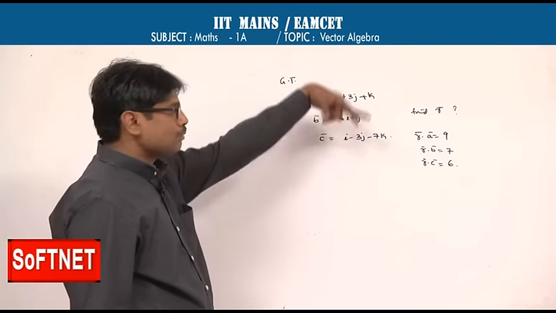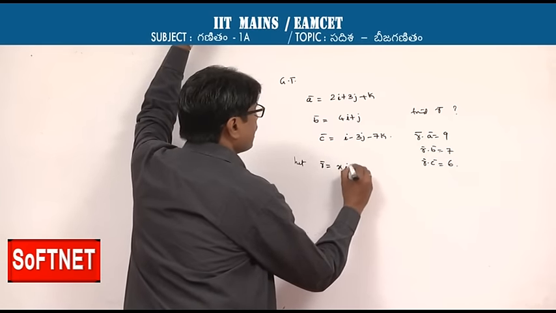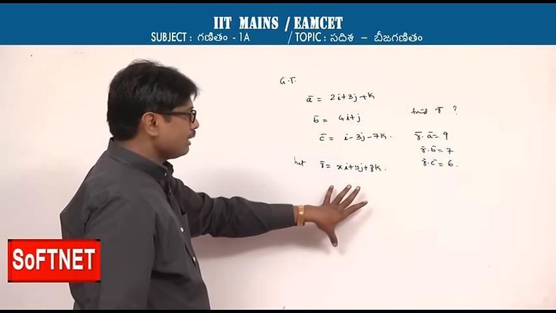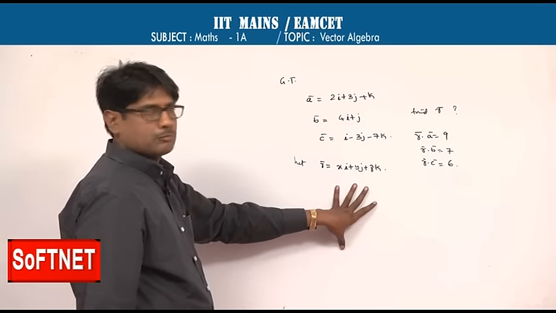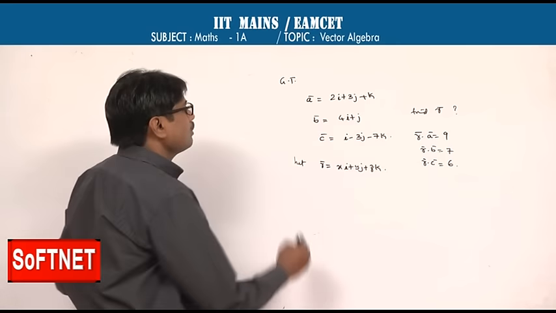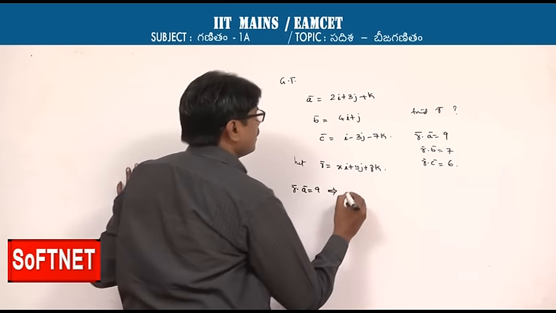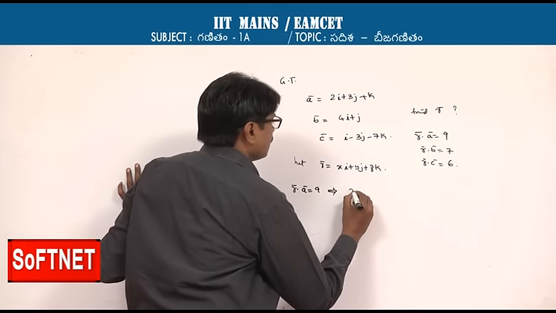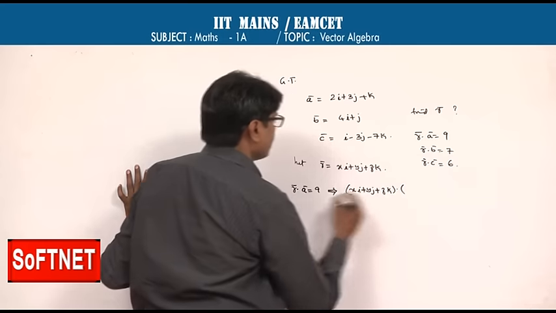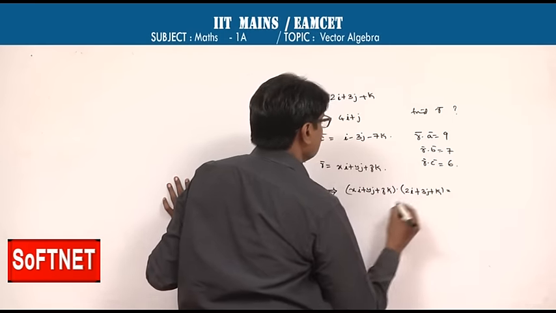Now we have to find such a vector r bar, so let r bar be equal to xi bar plus yj bar plus zk bar. That means your r bar has 3 unknown parameters x, y, z. To get x, y, z, 3 conditions are given, apply them. So r bar dot a bar is equal to 9, that implies x times of i bar, y times of j bar, z times of k bar dot product with a bar, 2i bar plus 3j bar plus k bar, is equal to 9.